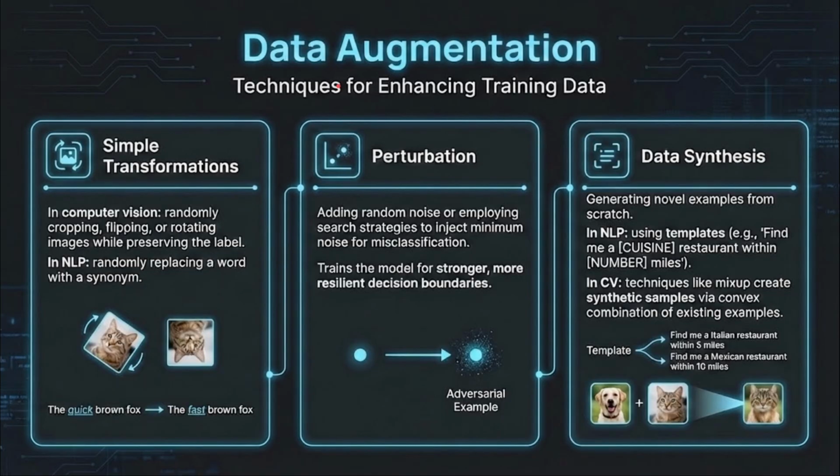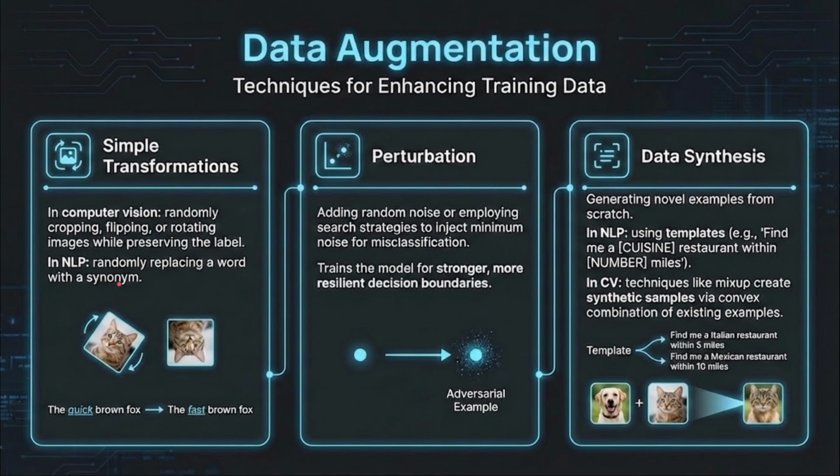Data augmentation, techniques for enhancing training data. Data augmentation is nothing but this: you have a smaller set of data and you want to increase your data set size, then you use data augmentation to artificially increase the data size.